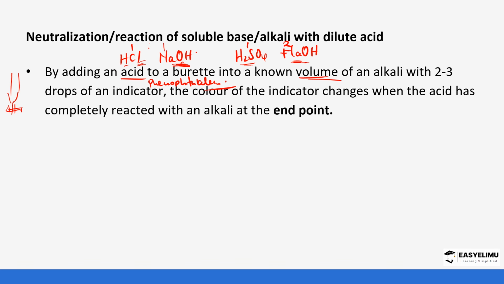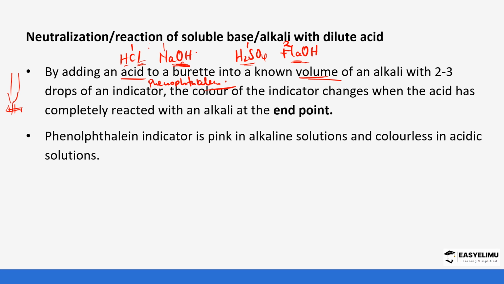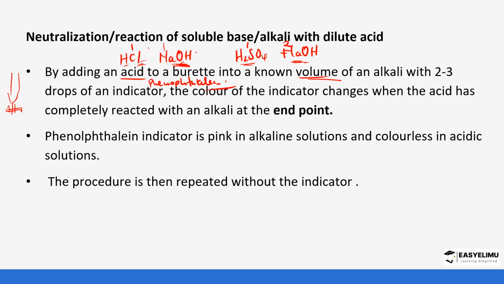Other indicators also can be used with other alkalis, depending on their reaction. We're going to be specific later on when we get to form 3. So phenolphthalein indicator is pink in alkaline solution and colorless in acidic solution. The procedure is then repeated without the indicator.